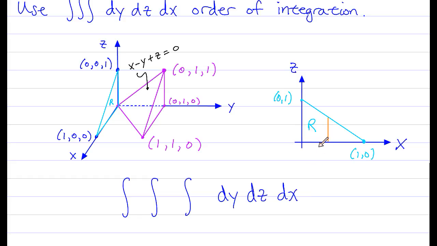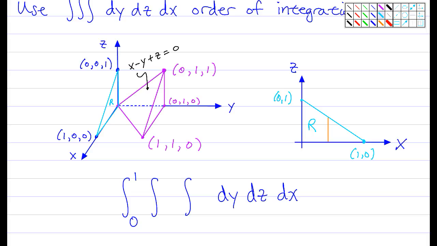Okay, so x goes from 0 to 1, so I'll just put that in my interval, 0 to 1. For a given value of x, which is where this stripe is, z goes from 0 to whatever this line is. What is the equation of this line in terms of z? That's not too hard.